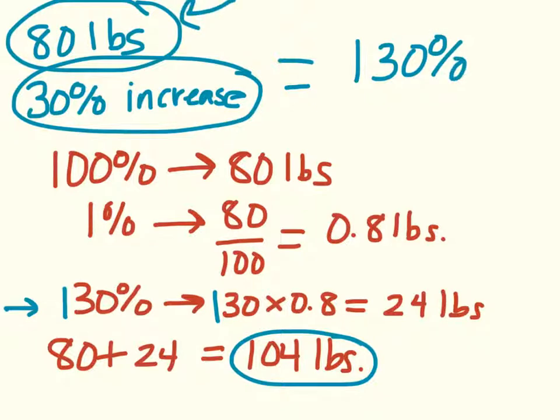So if you wish to do it that way, you can think of it as calculating 130%, or 130 times 0.8 to get the 104 pounds. It's the same process, you're just doing it in a slightly different order. Do it whichever way works best for your brain.